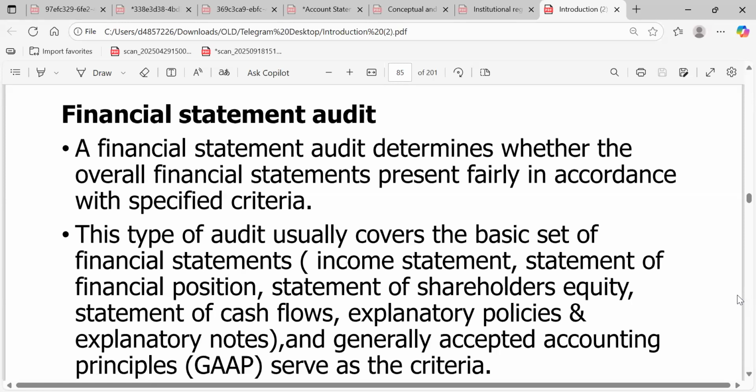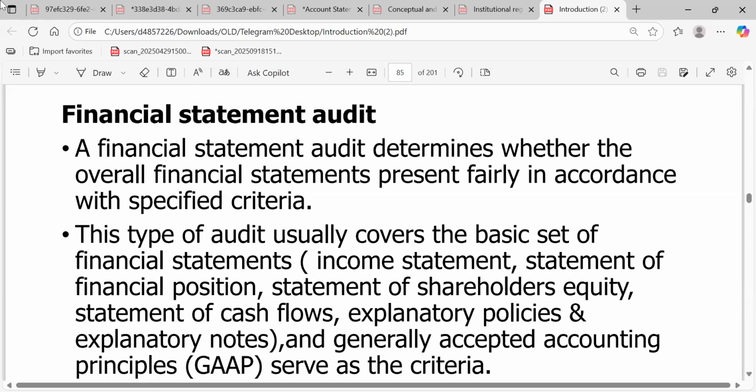So remember, when we talk about financial statement here, we are talking about the full component of the financial statement, which consists of the income statement, the statement of financial position, the statement of changes in equity, the cash flows, and then the notes to the accounts.